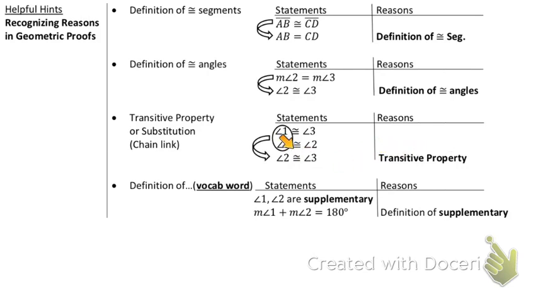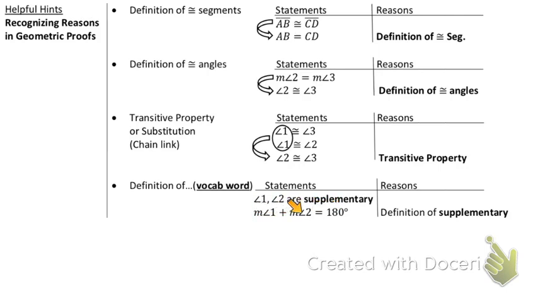Transitive, think of it as you're transferring your congruence. Because they're both basically equal to 1, they must be equal to each other. Okay? Again, we'll get some practice with that. Supplementary angles. Again, it's a vocabulary word, so we have to use a definition. When we have angle 1 and angle 2 are supplementary, what that really means is the measure of angle 1 plus the measure of angle 2 equals 180.